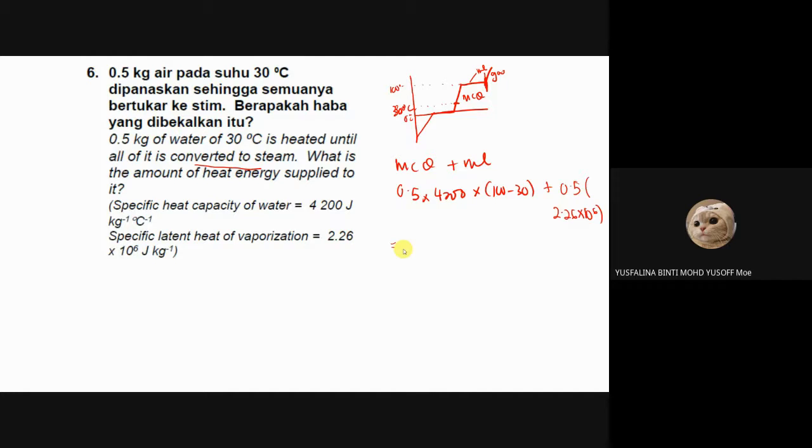Okay, so let's see which one is correct. Hmm? You're wrong. I got 1,217,000.